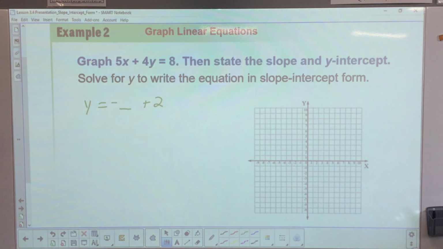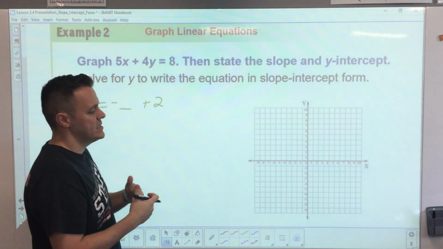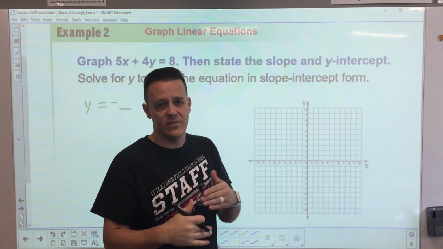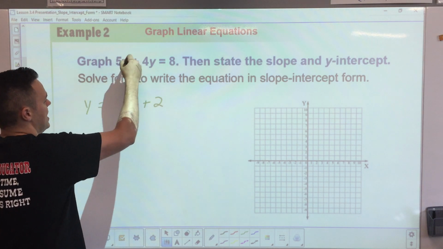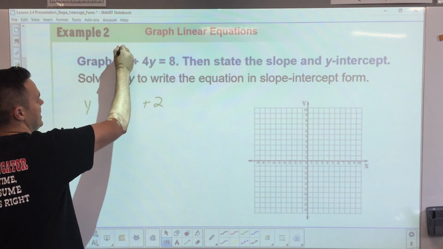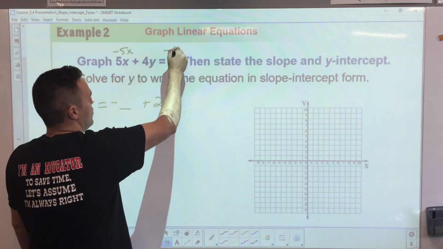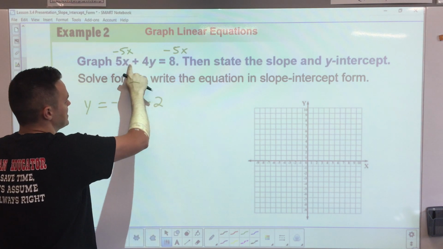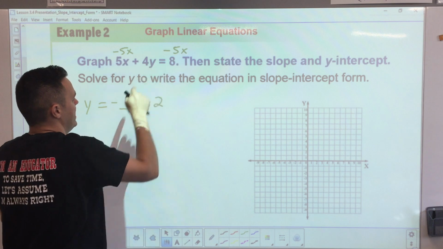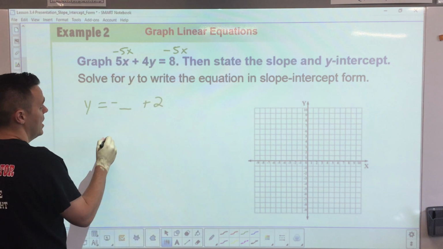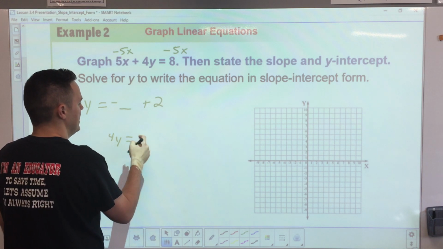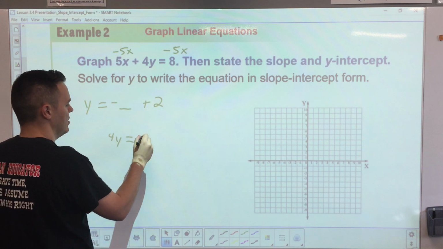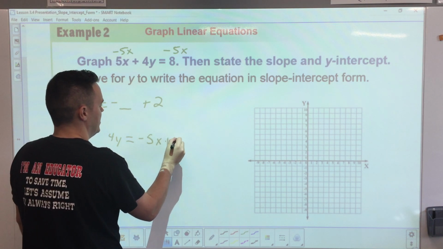Now the question is do I want to take the time and do the rate of change? I'll just simply solve it out. What I mean by that is I'm going to move the x to this side. Remember in standard form, ax plus by equals c, you just rewrite it. So when I move that over, I'm going to get 4y equals negative 5x plus 8.